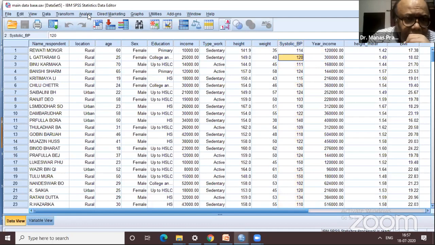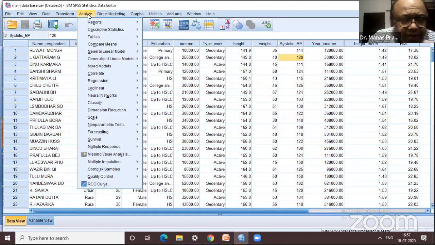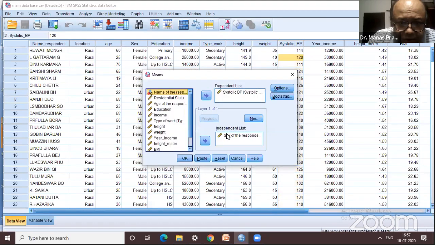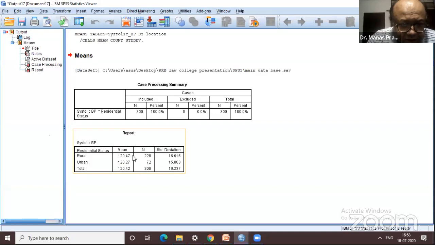So if I need to find it separately for male and female, or separately for rural and urban people, then I have to go to compare means, then means. Suppose I want to do it for place of residence, then I have to select residential status. Okay, click continue. You see, for rural it is 120.47, for urban it is 120.57. This is the standard deviation.